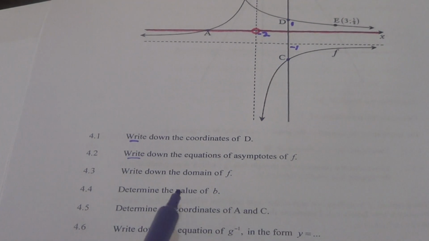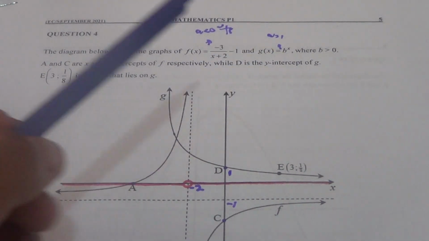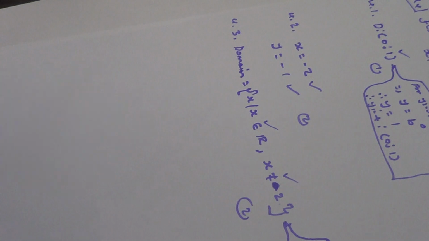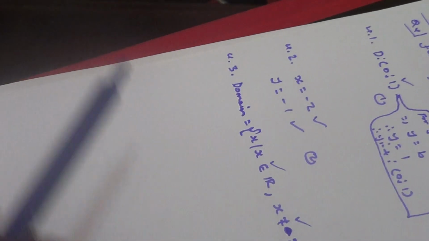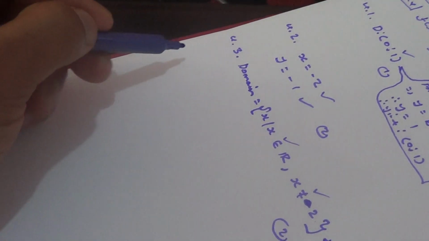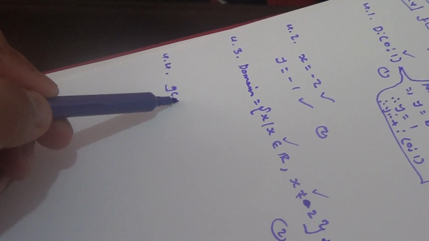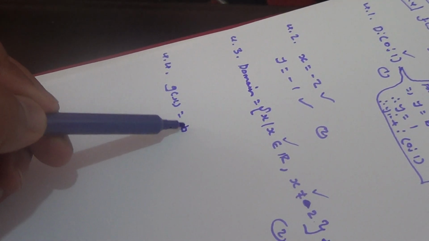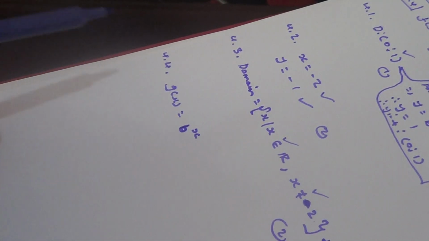Now we are told 4.4, determine the value of b. So b is the base of our exponential function. Okay, not a problem. We can handle that easily. So 4.4, we know that g of x is given by the power of base b to exponent x.